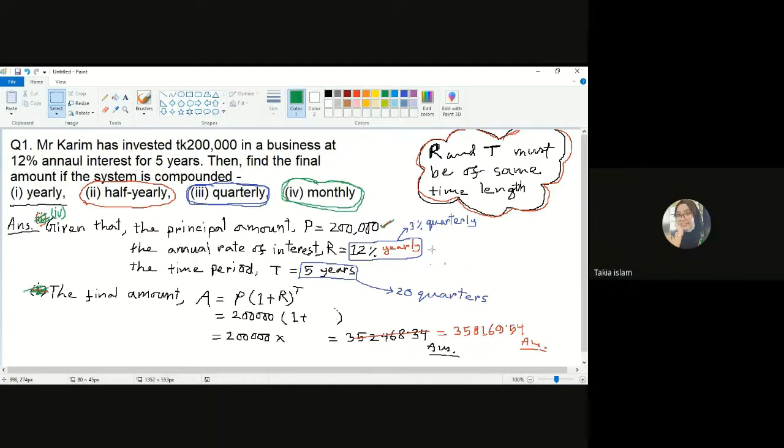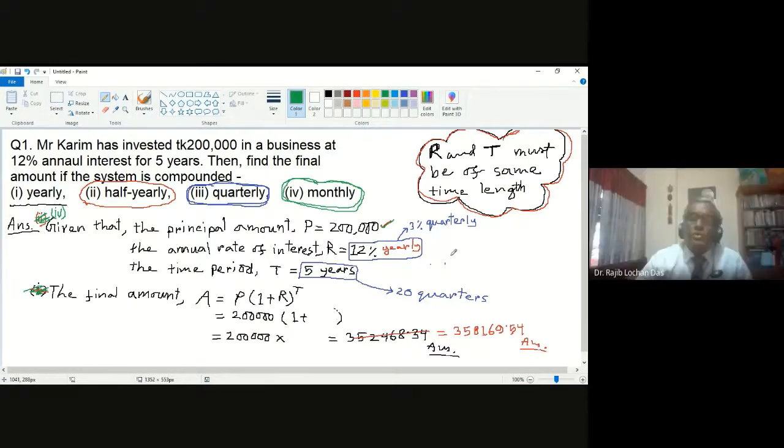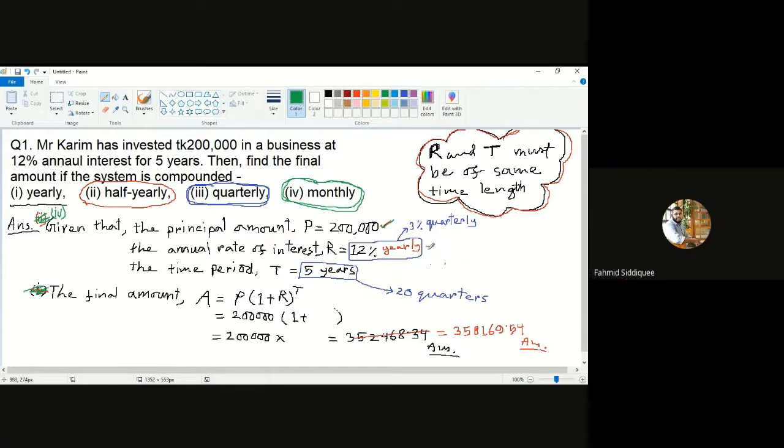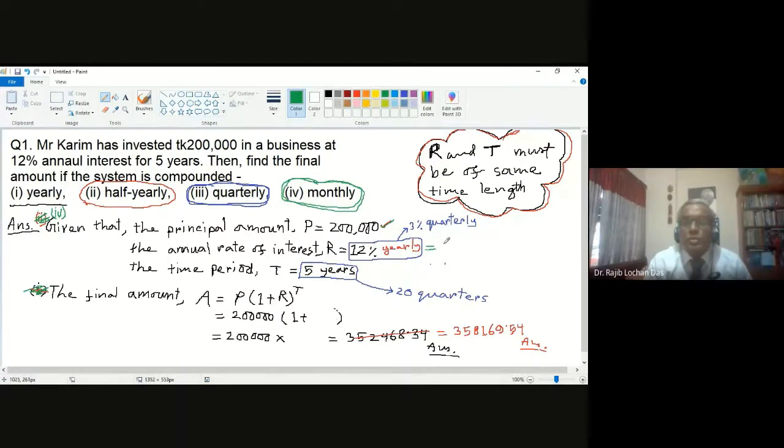Sir, I don't know. Why not? How many months in a year? 12, sir. It is 1 by 12. So what percent monthly? So 1%. 1%, correct. So you will divide by 12.